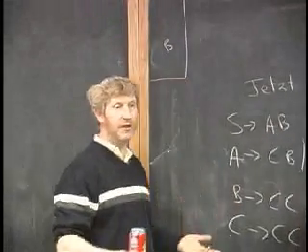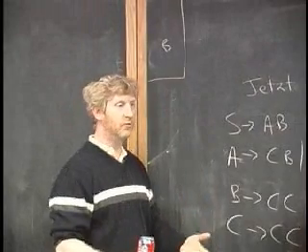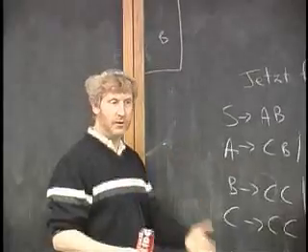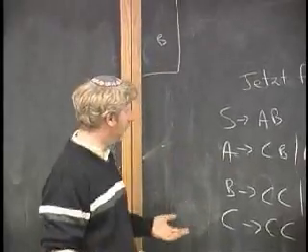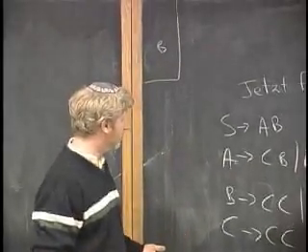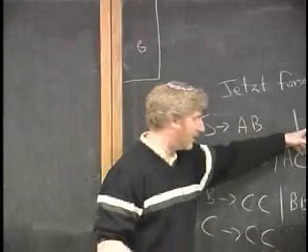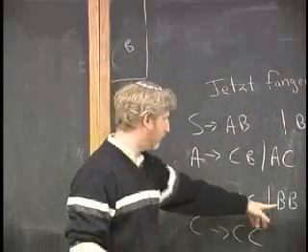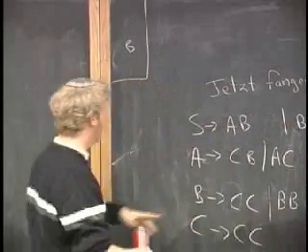Those are the only ways to get terminal strings: either terminal strings directly or B's, because B's were the only way to get terminal strings in the initial step. So are there any productions that have just terminal things or B's? Not this, because that has C's and A's in it. It's got to be just B's and terminal strings. Just this one. So I add B to my list.